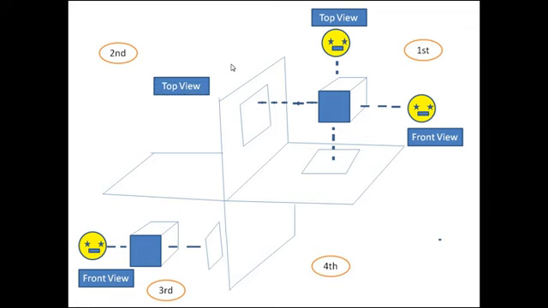Then we see the top view. Our observer will stand here and see from the top side. He will observe that the top view comes on this horizontal plane. Okay, so this is the representation for third angle projection, or third quadrant projection.